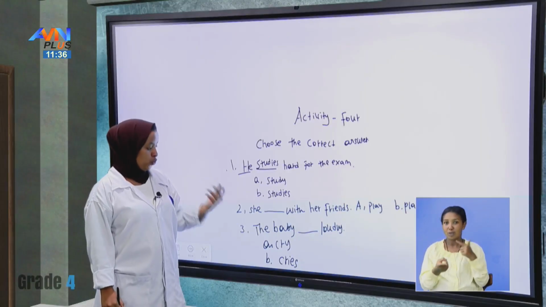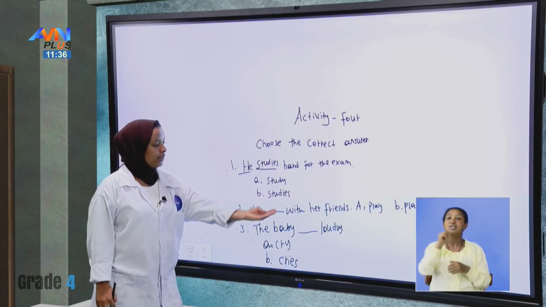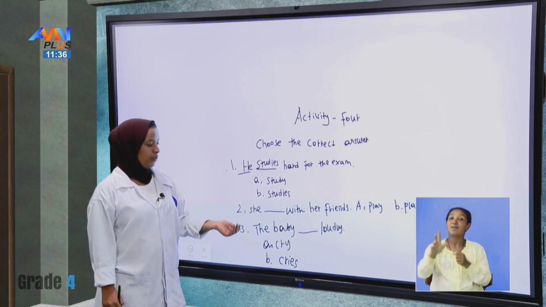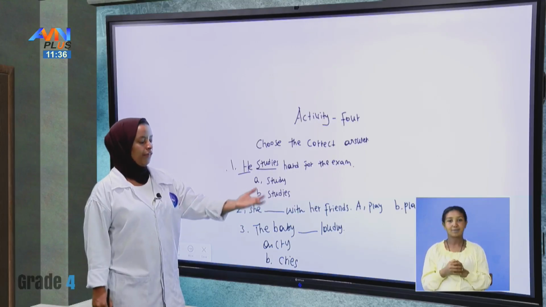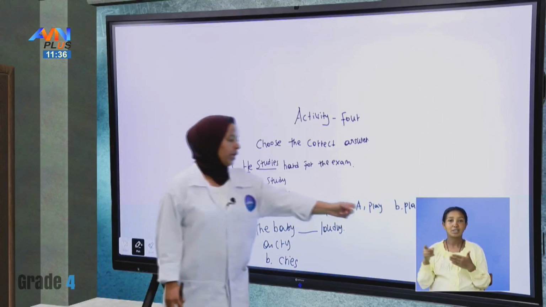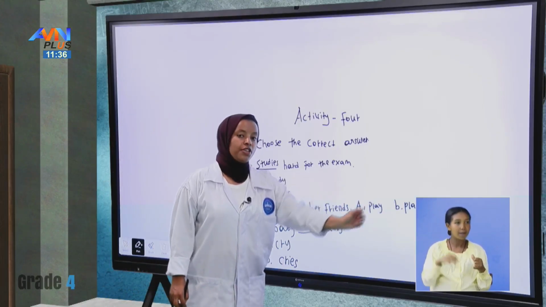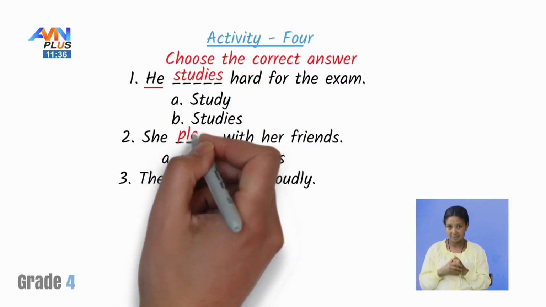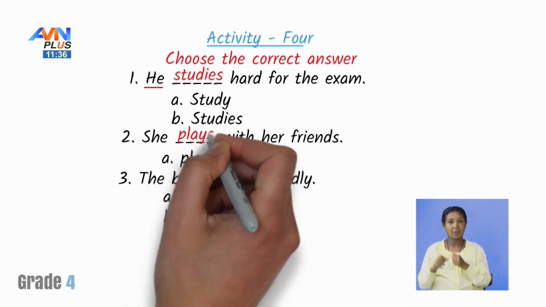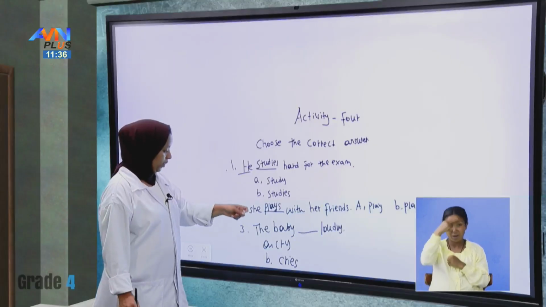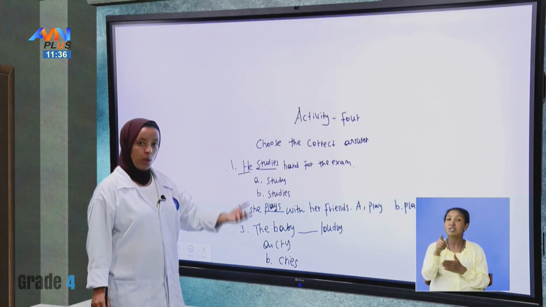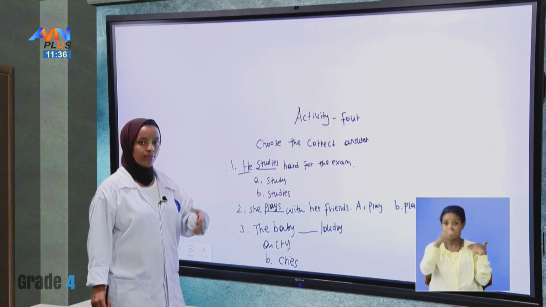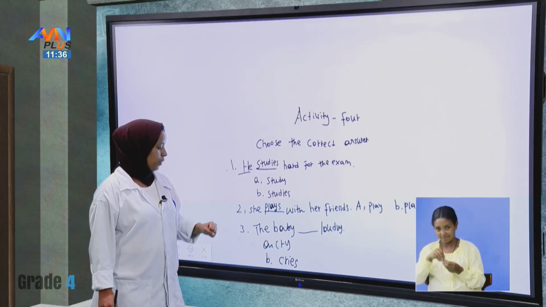Question number 2. She blank with her friends. So here are the choices, play and plays. So let us take plays, the base verb that adds s, because here it is she, a singular subject. Question number 3.